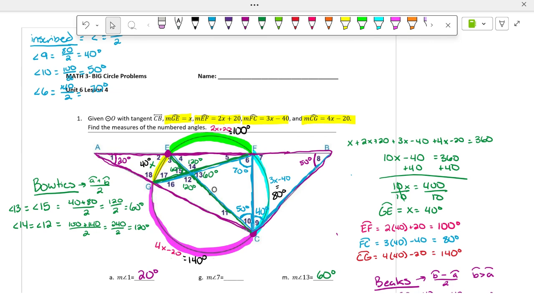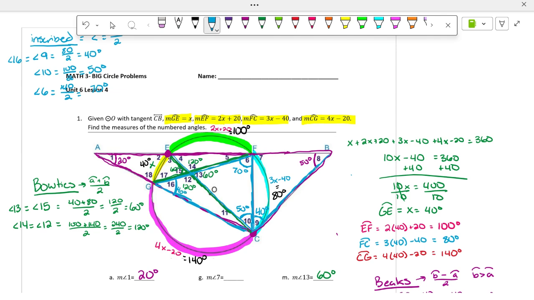It's actually not. 13 is. No, we already found 13. 16 is, yes. So 16 is right here. How can I find 16? What's the ice cream on top of 16's cone? 80. So I'm going to do 80 divided by 2. So 16 will be the same thing as 9, or 40 degrees.